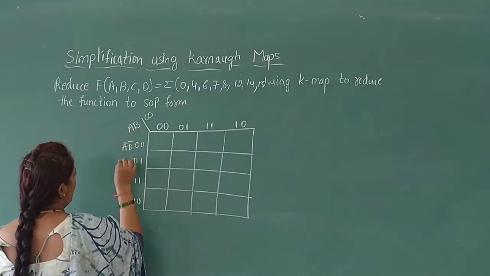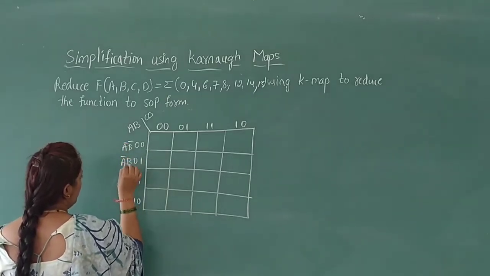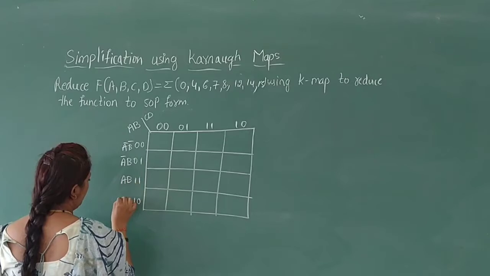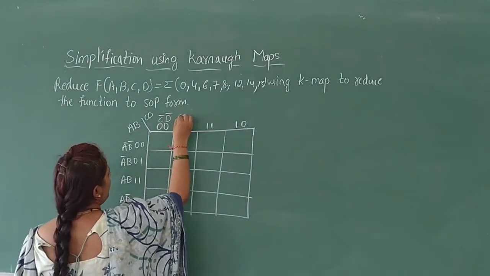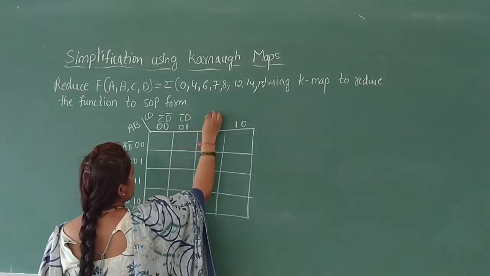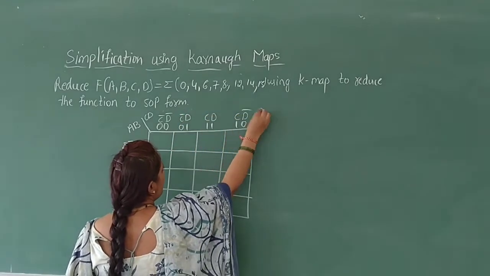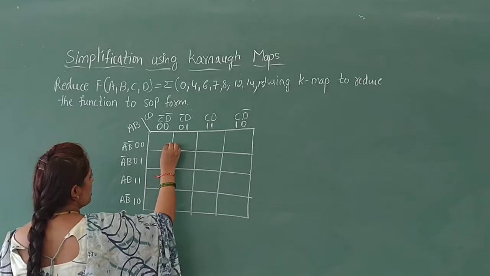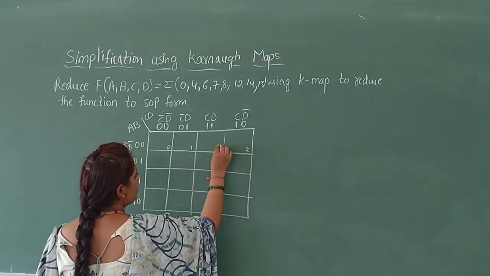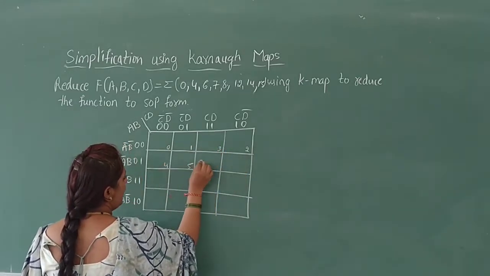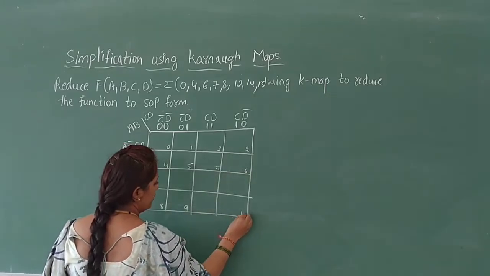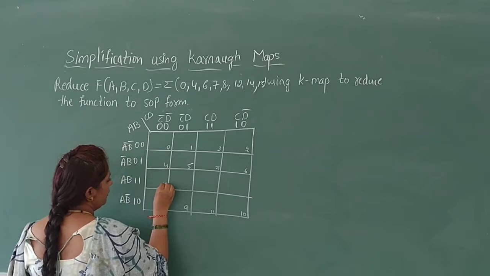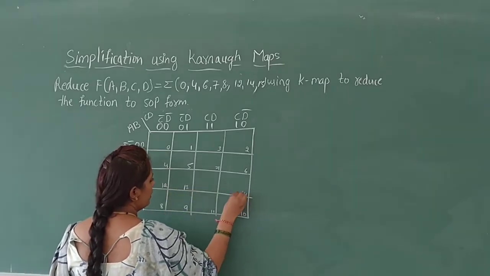A bar B bar, A bar B, A B, A B bar, C bar D bar, C bar D, C D, C D bar. 0, 1, 2, 3, 4, 5, 6, 7, 8, 9, 10, 11, 12, 13, 14, 15.